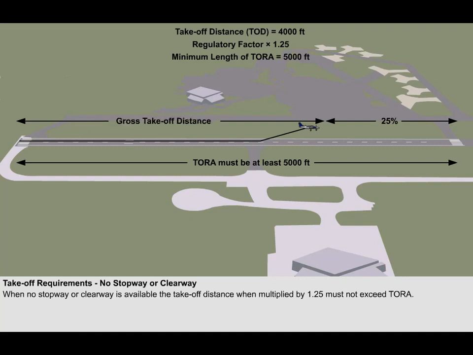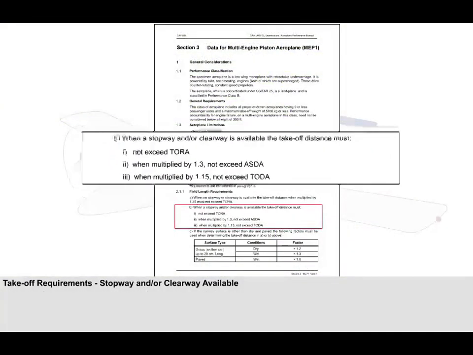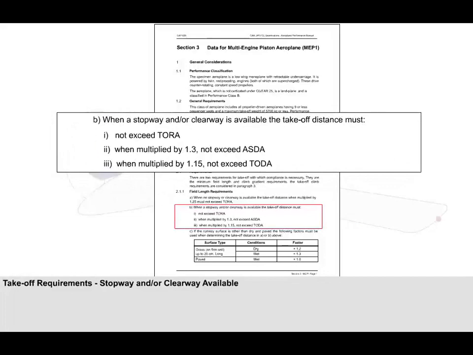This fact helps us to see the difference between net and gross performance. Here, the gross performance for takeoff is 4,000 feet, but the net performance, which is always worse than the gross performance, is 5,000 feet. If there are stopways and/or clearways, then the requirements are a little more complicated. At airfields with stopways and/or clearways, there are 3 regulatory concerns about the takeoff distance.